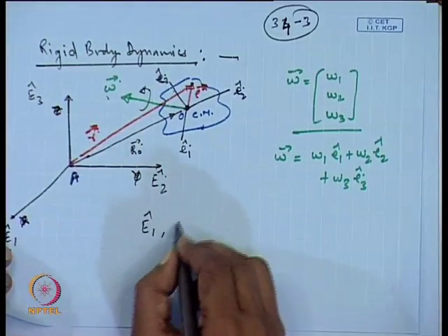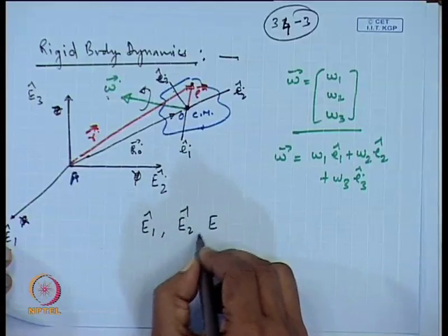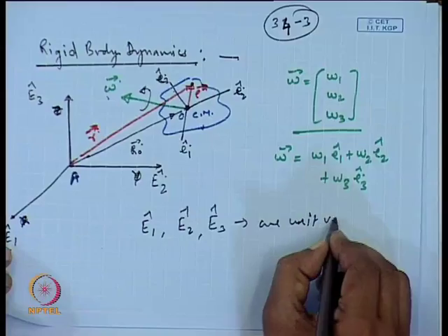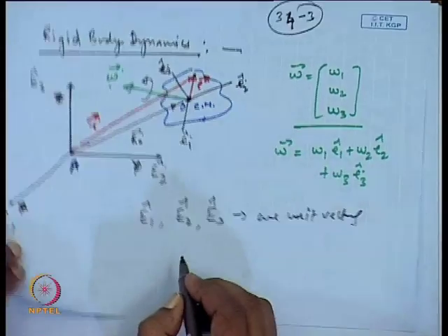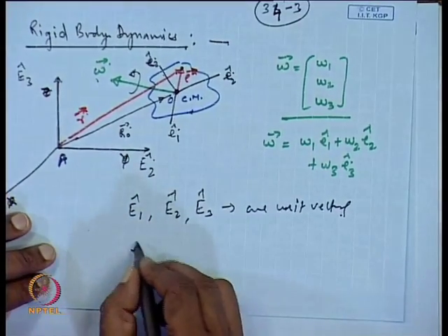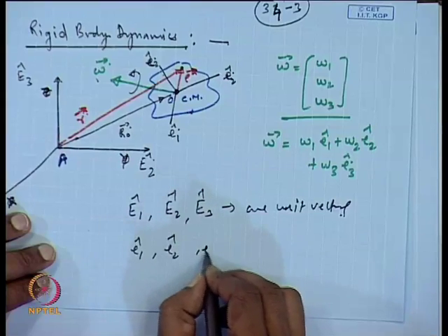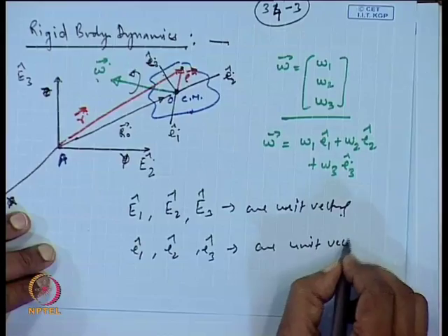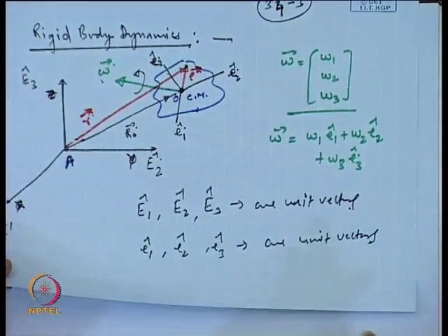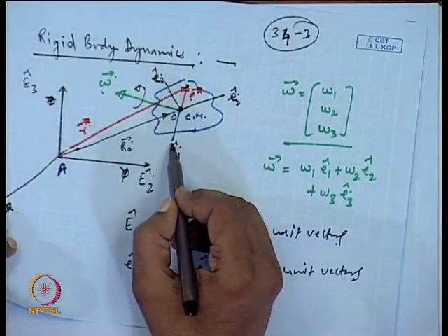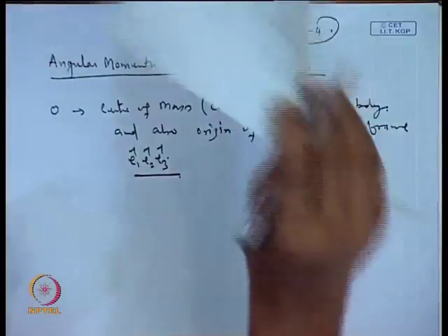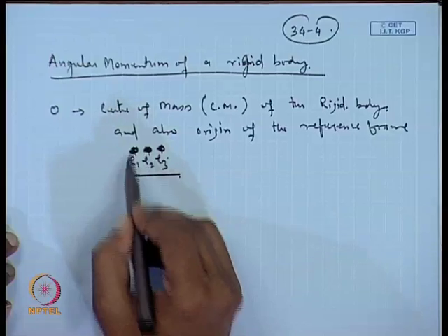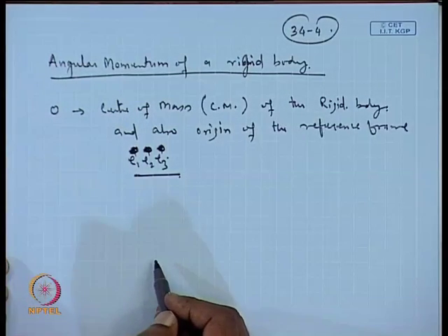So, for the reference frame we should remove the cap here, because the cap indicates a unit vector.